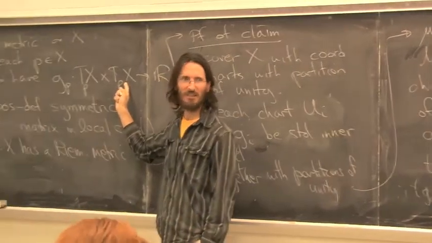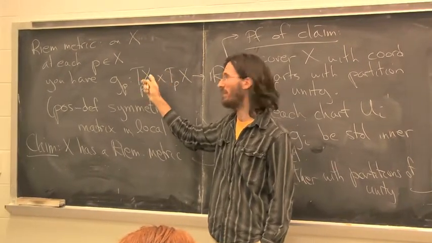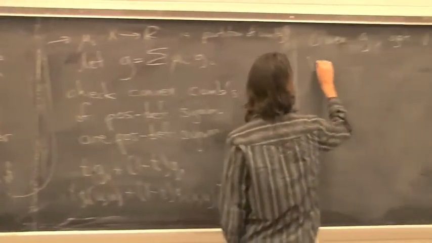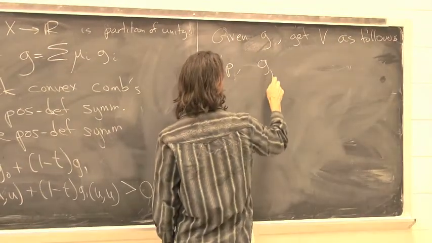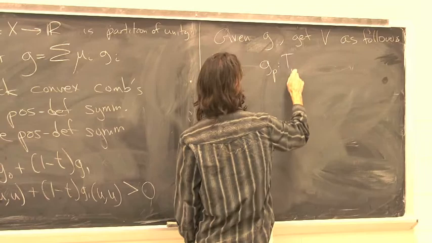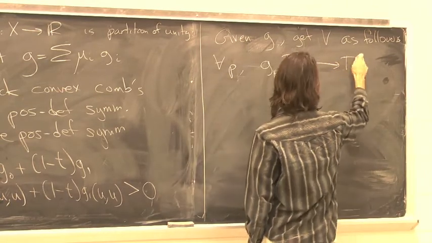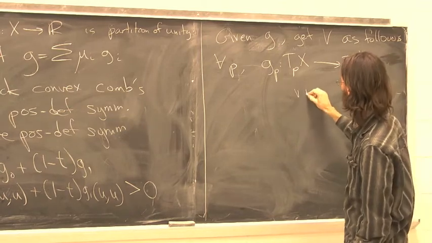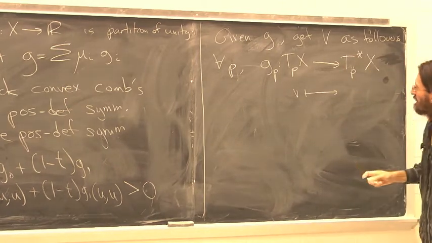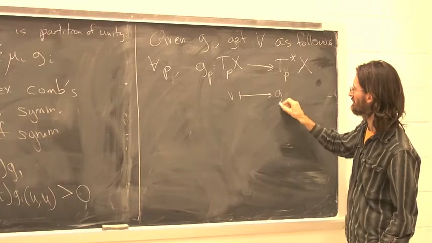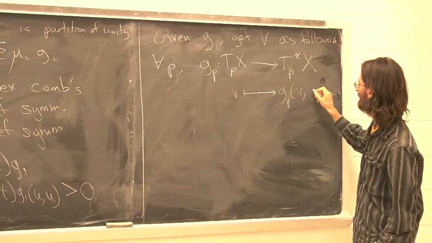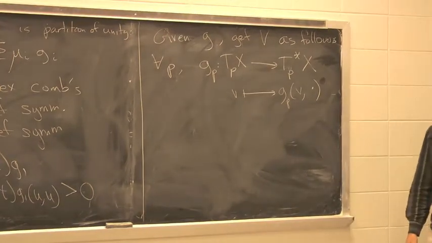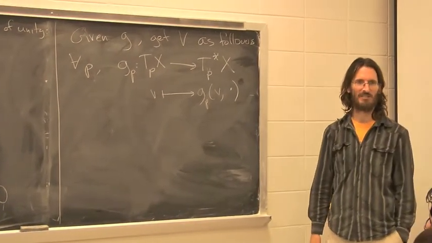A good way to think of it is as an isomorphism between the vector space and its dual, right? So for each p, you can think of g sub p as a linear map from the tangent space of X to the cotangent space of X, where if you take the vector v, you map it to the covector g sub p of v, comma, with the second slot left blank. Questions on what that means?